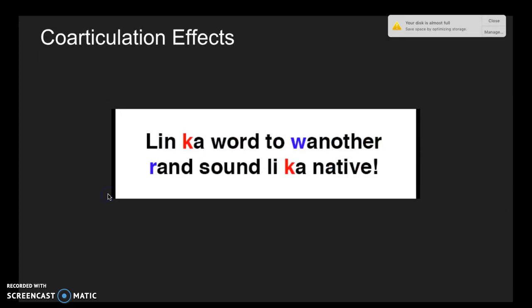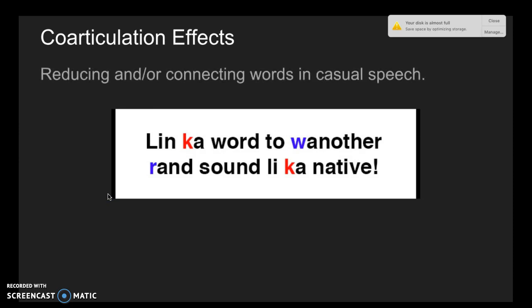And then some of the effects of co-articulation are that you end up reducing and connecting words, especially in casual speech. So I explicitly teach my students how to speak more like a native, not just so that they sound like a native and people can understand them better, but also so that they're aware that when they listen for speech, people are doing these links.